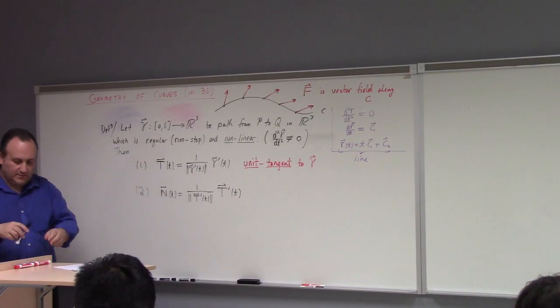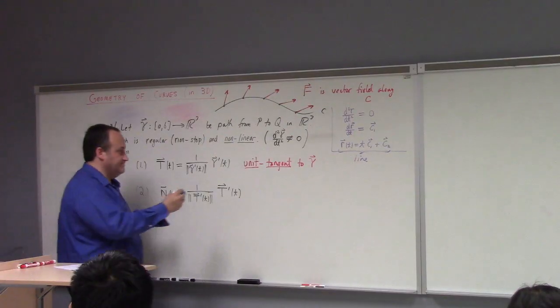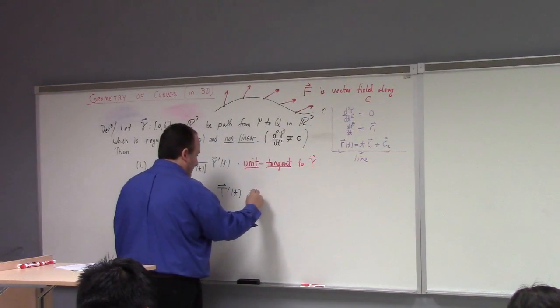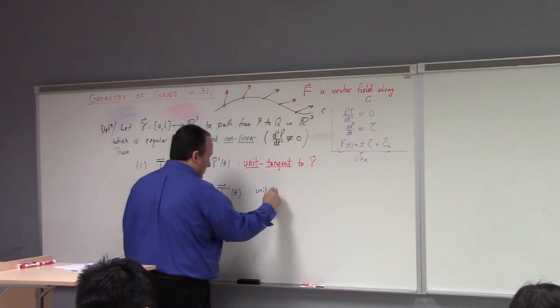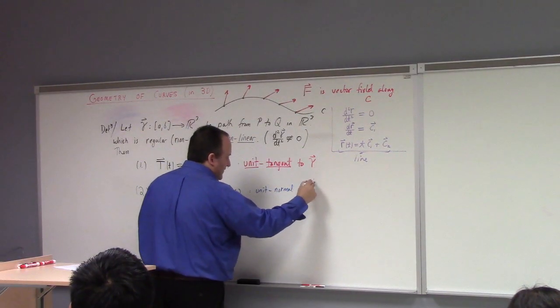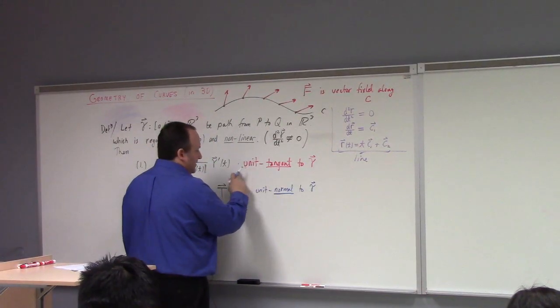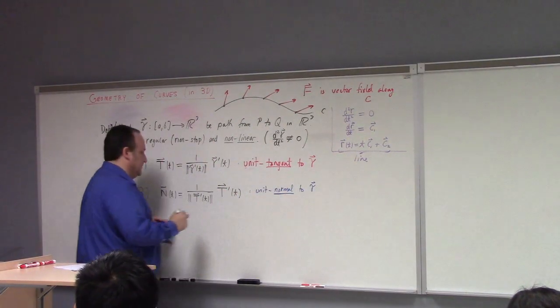This is what is known as the unit normal to gamma. And we don't usually use the word unit. We typically just say normal. This is the tangent field. This is the normal field.